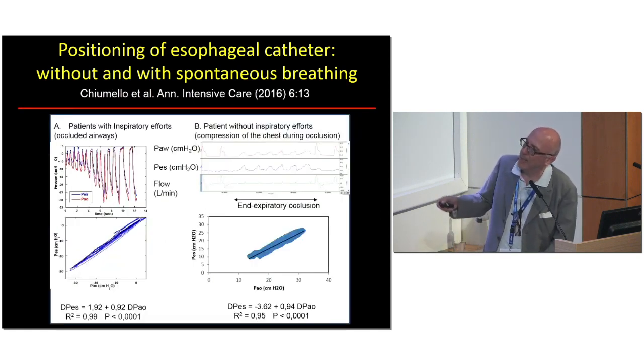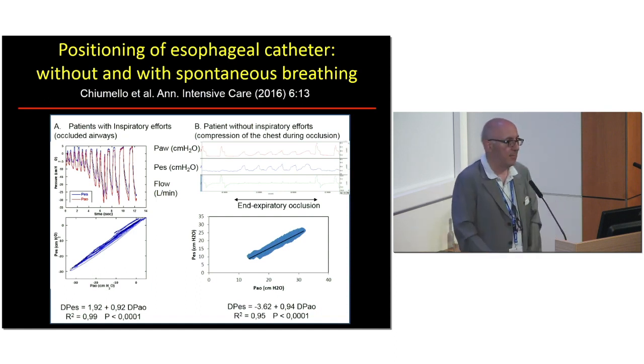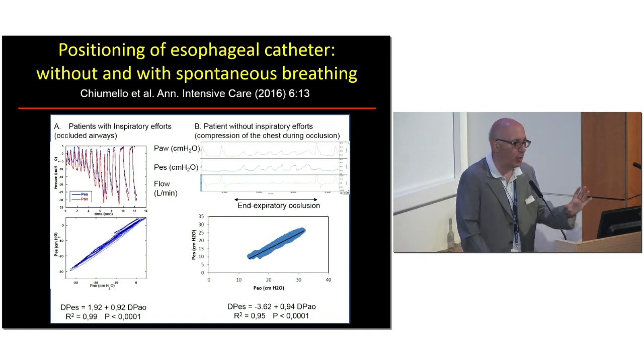And you see here the changes in esophageal pressure and airway pressure in spontaneous breathing at the occlusion, or during inspiratory effort, or at the compression of the chest during occlusion. And you see this is the curve that you would expect between changes in esophageal pressure and airway pressure, which should be more or less the same within 10%. This is the occlusion method. Is it clear?